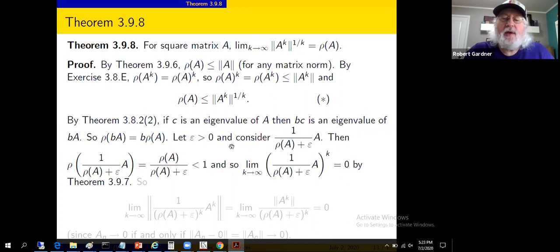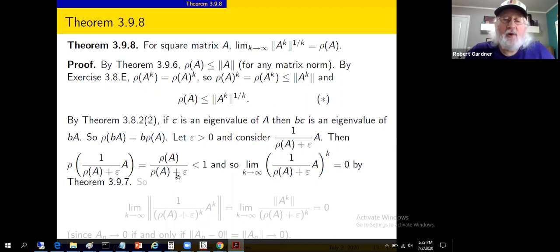So let epsilon be greater than 0. Consider this matrix: 1 over the spectral radius of A plus epsilon, times matrix A. Okay, we'll take that thing there as a scalar, like we were just talking in terms of this relationship between spectral radii. And we'll say the spectral radius of this multiple of A equals that multiple of the spectral radius of A. So B is playing the role of 1 over rho of A plus epsilon.